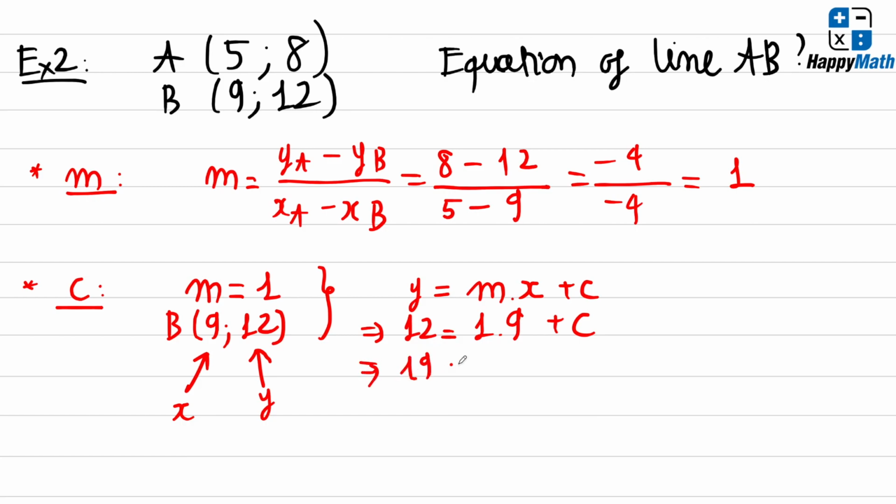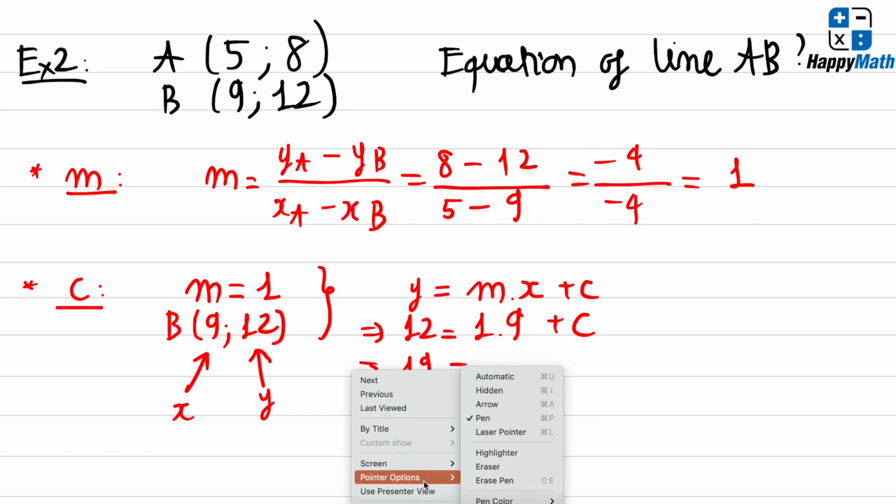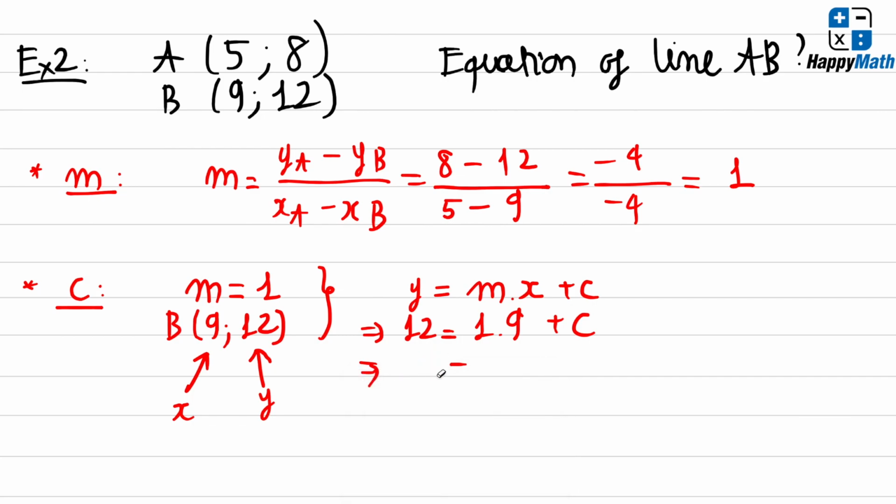You have 12 and 9, sorry. You have 12 minus 9 will be equal to c, because 1 times 9 equals 9 here. You move it from the right-hand side to the left-hand side, it becomes negative: 12 minus 9, and you get c equal to 3.